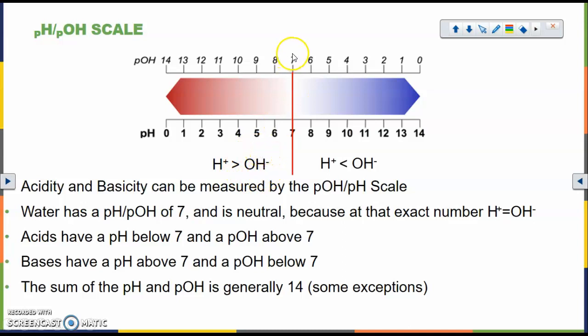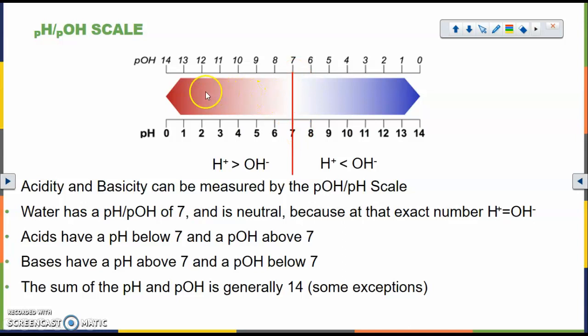Okay, so at a pH of 7, the amount of hydrogen and hydroxide ions are equal, as shown here. So water has a pH of 7. Why? Because at that pH or pOH, the number of hydrogen ions is equivalent to the number of hydroxide ions. And again, please remember, hydrogen ions is the same as hydronium, is also the same as protons in this case.